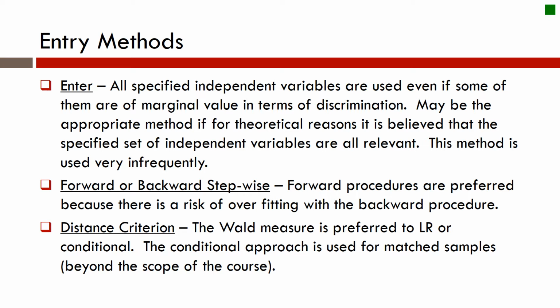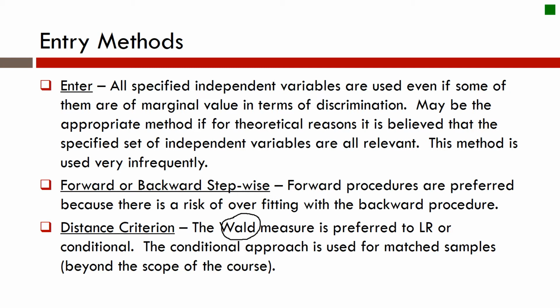A lot of times with regressions, if you have a lot of independent variables or you are exploring variables and don't know which ones are going to be the most important, you'll do that. The Wald approach or Wald measure is a statistic that's used to enter variables. If that's chosen, you may do that too. So you can have a forward Wald entry, for instance, or a backward Wald entry.